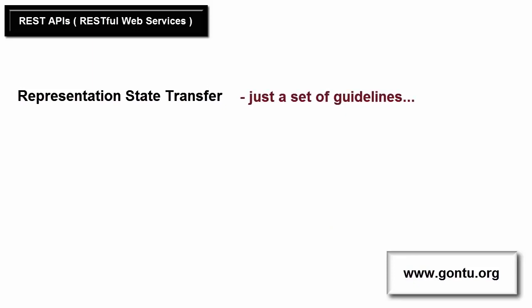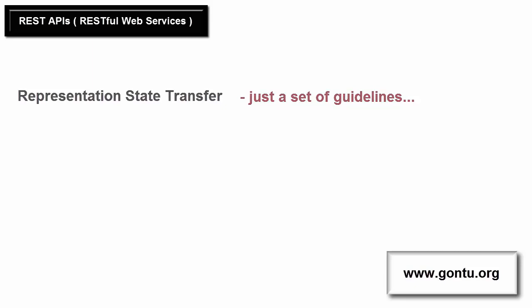It's basically a set of guidelines which describes the overall architecture of such an application. So let me very quickly introduce all REST guidelines to you, and later in the immediate next tutorial we're going to use the same guidelines to develop a fully working RESTful web service application.